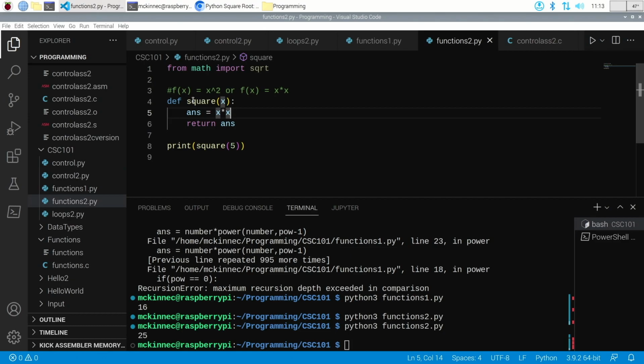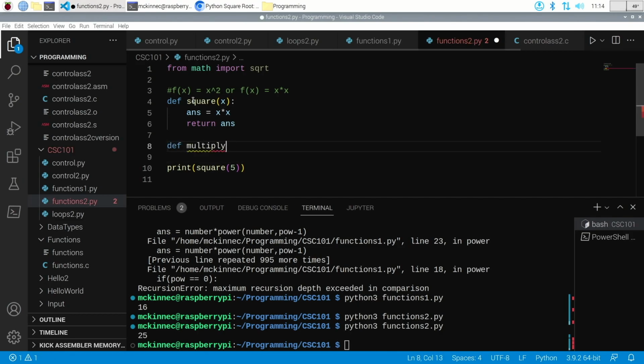Okay, so I could do like f of x equals 6x, or I could even do something like this.